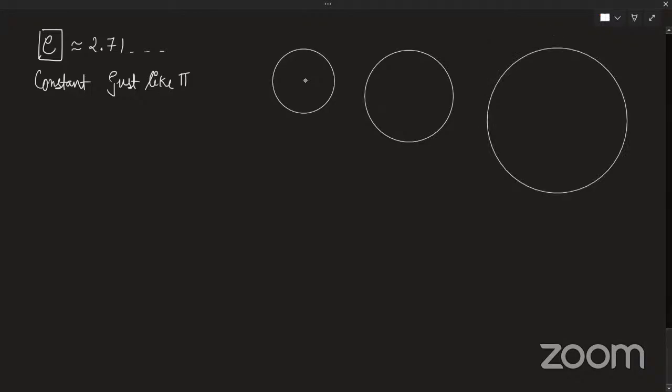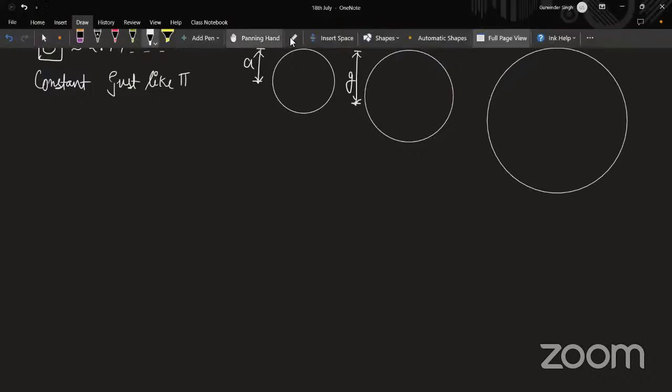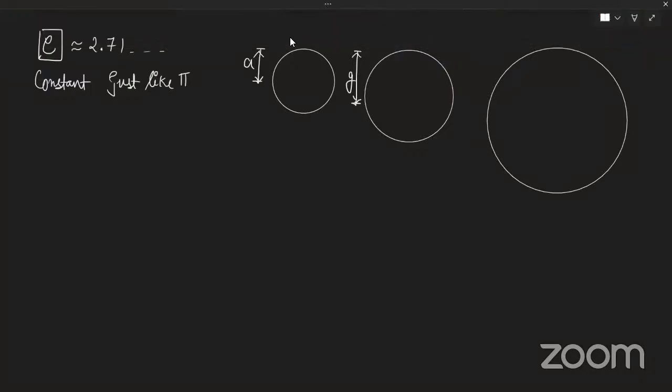Let us name its radius as a. This is g. This is n.